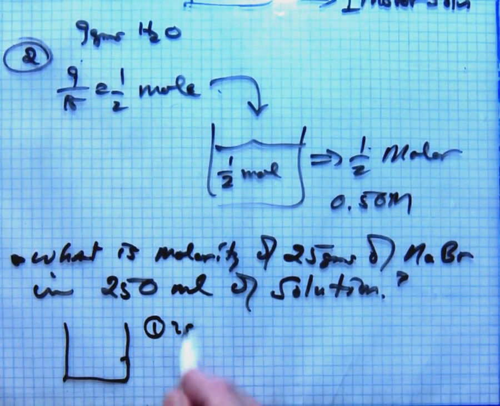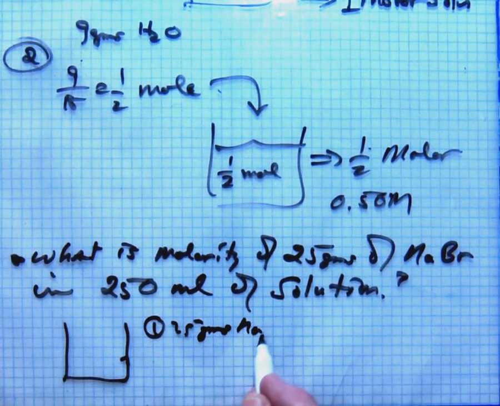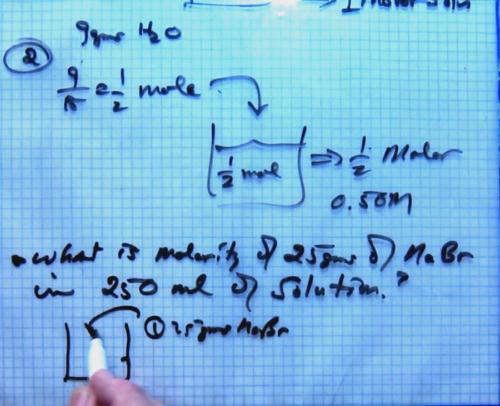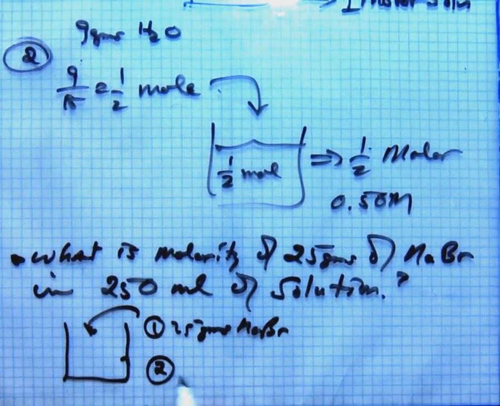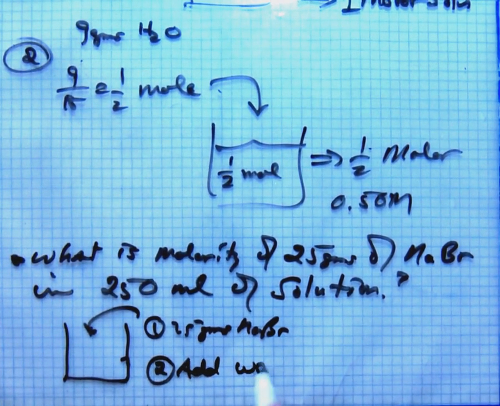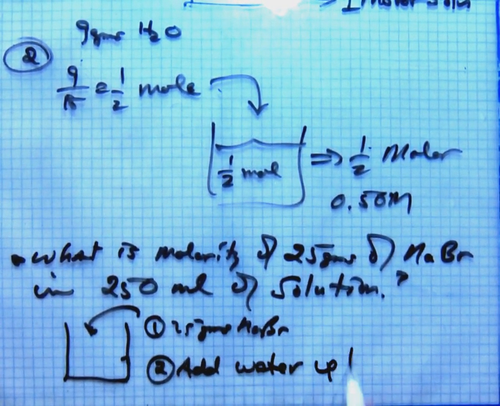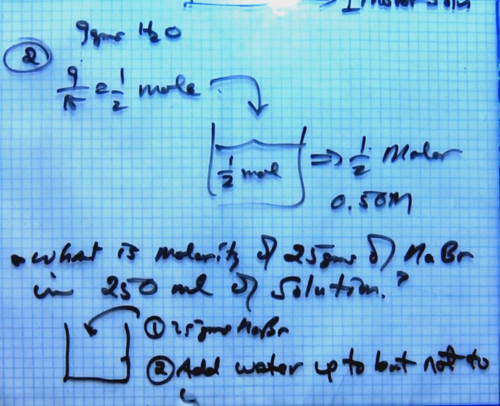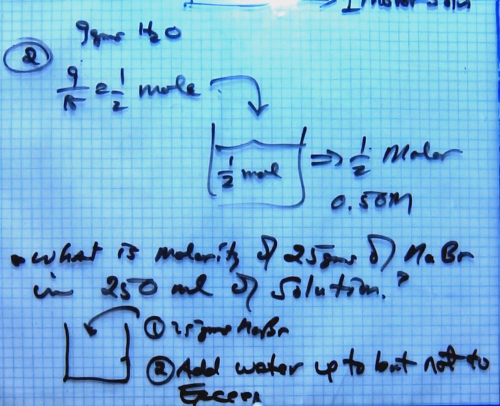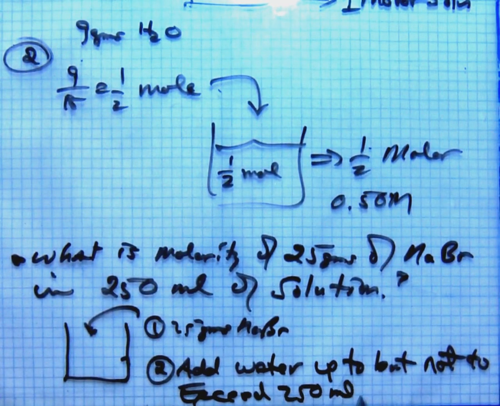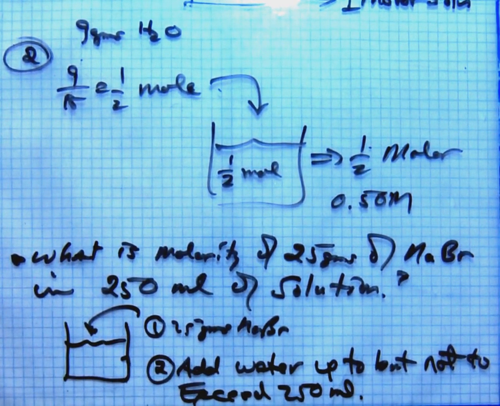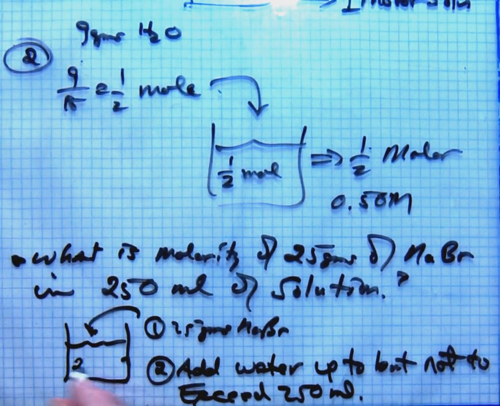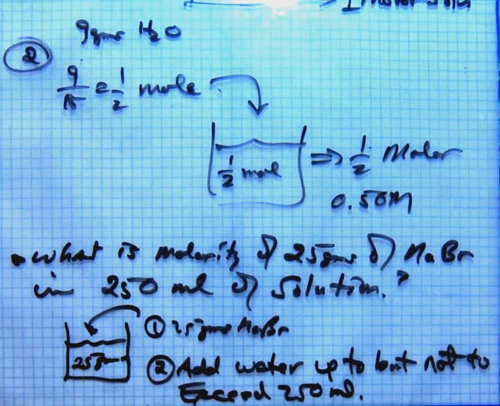Step 1: 25 grams sodium bromide goes into the beaker. Step 2: add water up to, but not to exceed, 250 milliliters. So now you have 25 grams of sodium bromide dissolved in that solution.